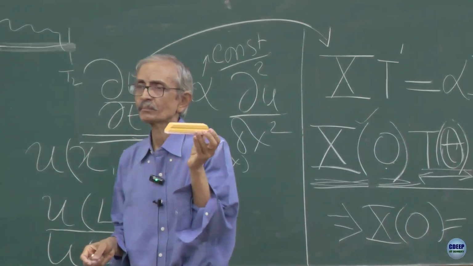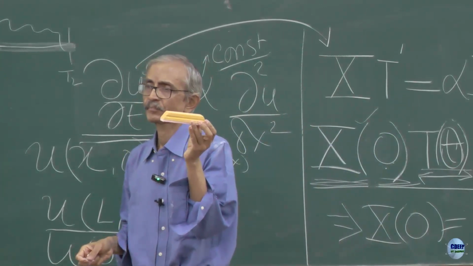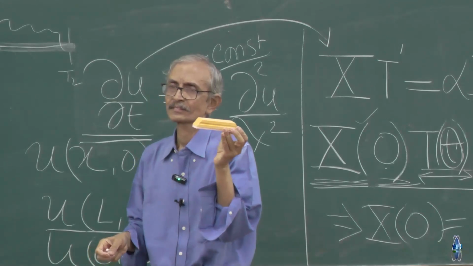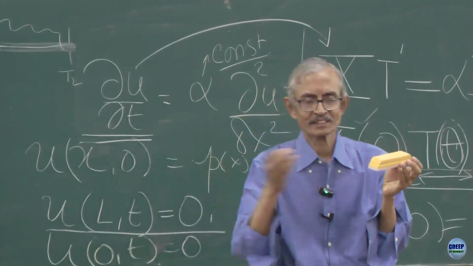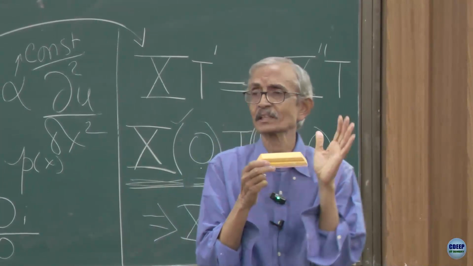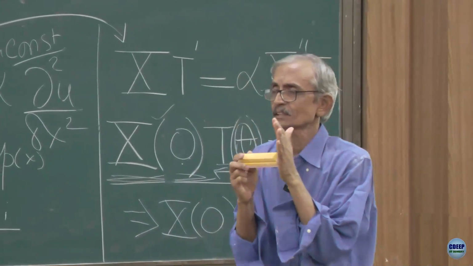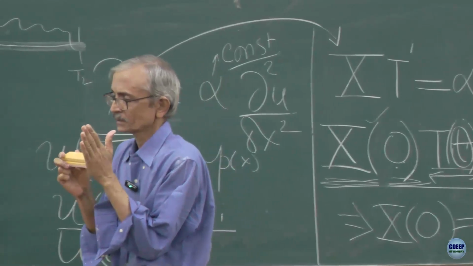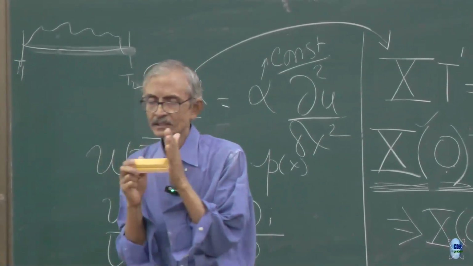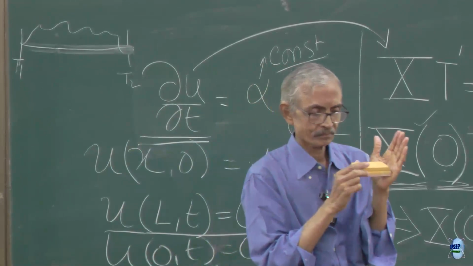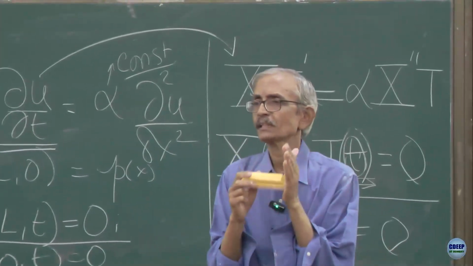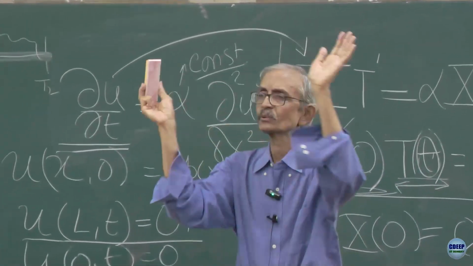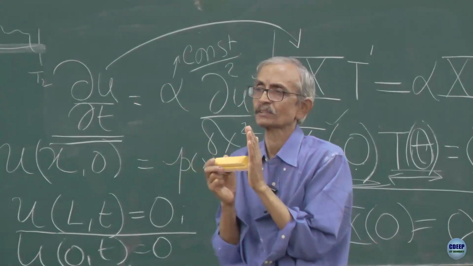Eventually, what is going to happen? Let's not worry about the physics, but the only certain statement that we can make is that this temperature is not going to go to infinity. That much we can say.